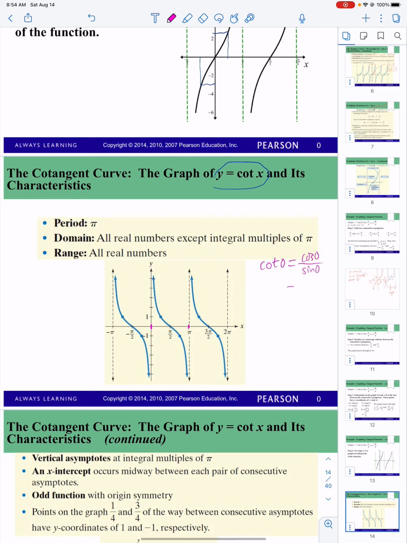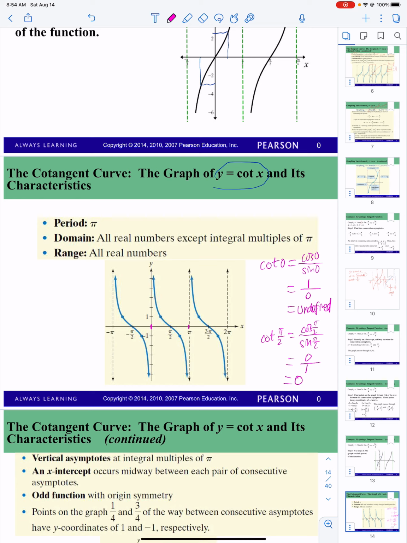What is cosine of 0? 1. What is sine of 0? 0. So cotangent 0 is undefined. And cotangent pi over 2 is cosine of pi over 2 over sine of pi over 2. So this is 0 over 1. This is also 0 here.